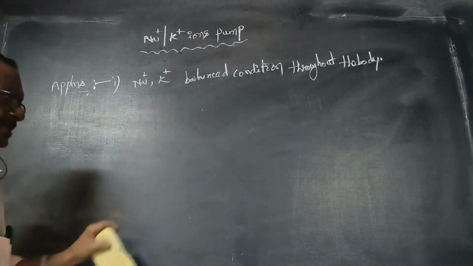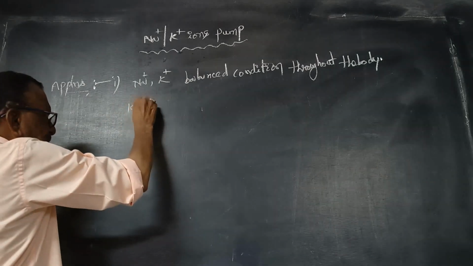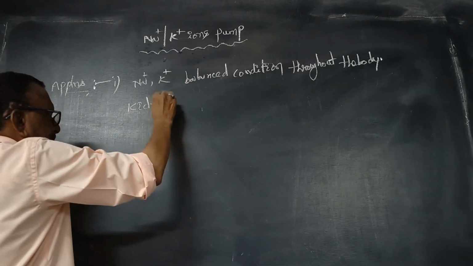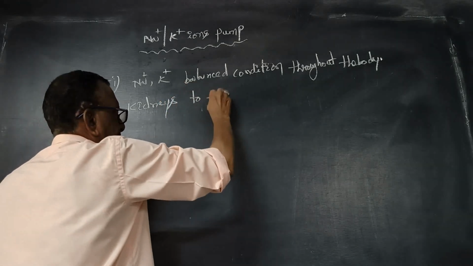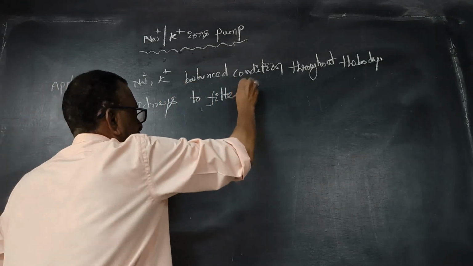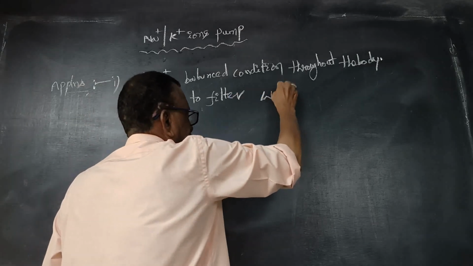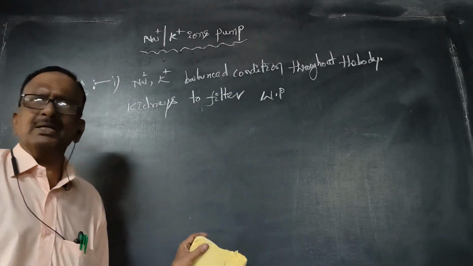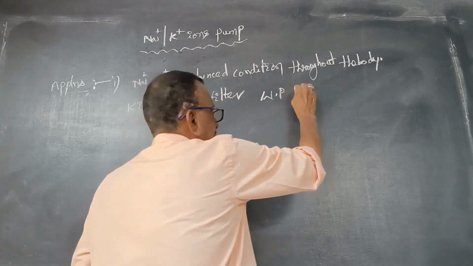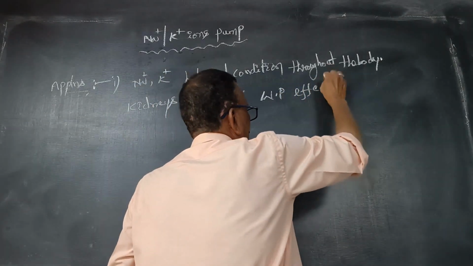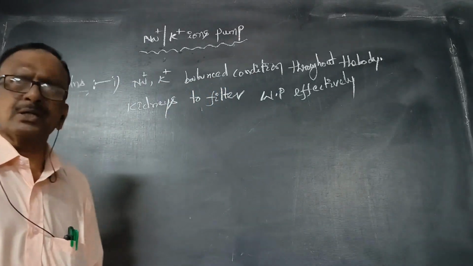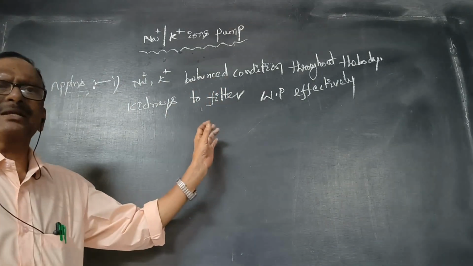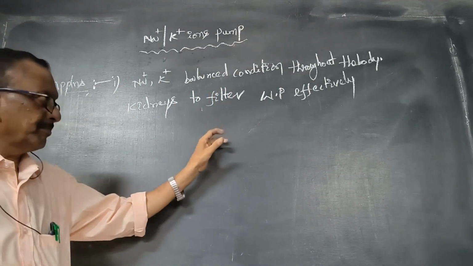This facilitates the kidneys to filter the waste product that is present in the blood effectively. So it will effectively filter the waste materials that are present in the blood.